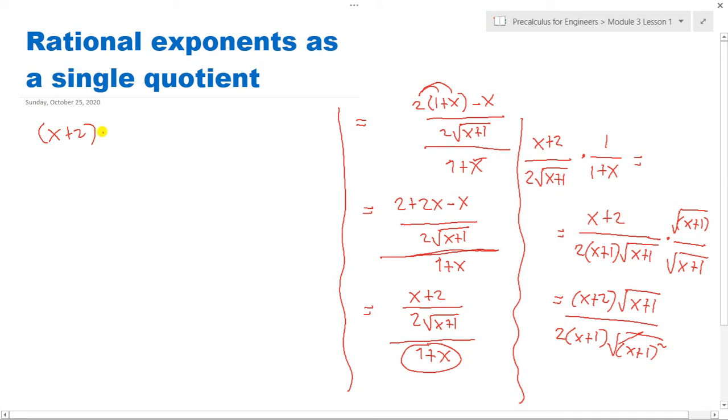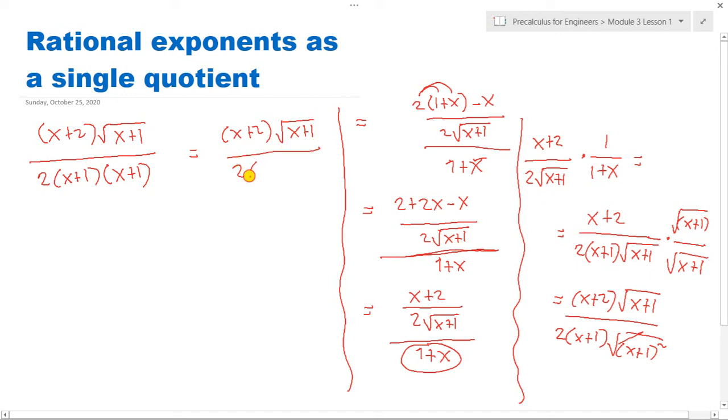So don't forget to write parenthesis, class, para hindi ma-mislead. Kasi kapag hindi mo nilagyan ng parenthesis, parang yung 2 lang yung nakamultiply sa radical sign. So we now have here 2 times x plus 1 times x plus 1. So here, we have x plus 2 times square root of x plus 1 all over 2 times x plus 1 squared. So this would be the rationalized answer.